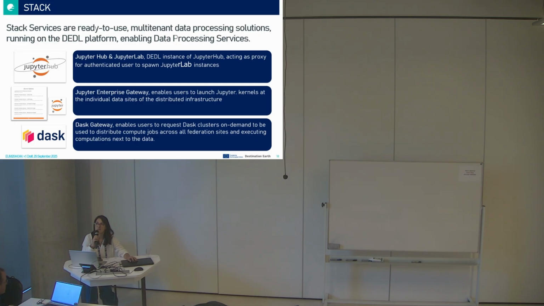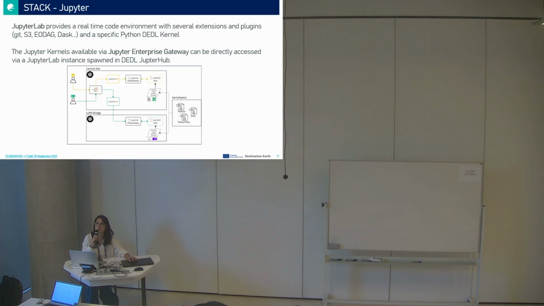And then we have a Dask Gateway solution that enables users to request Dask clusters on demand, again on the distributed infrastructure. So you can distribute jobs across the federation sites. We saw that Jupyter Lab provides, as probably most of you already know, a real-time code environment.